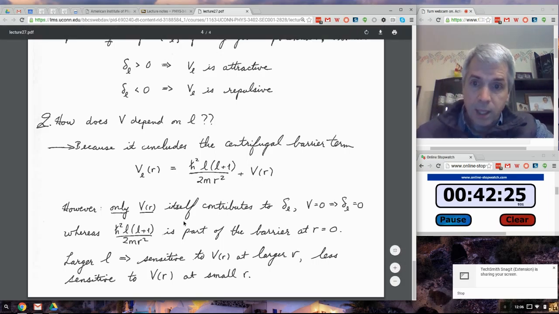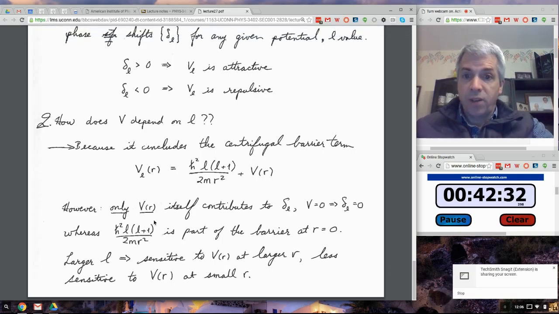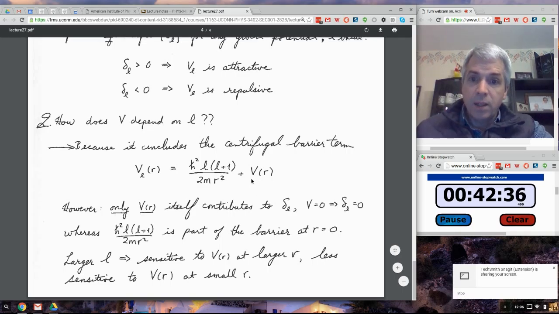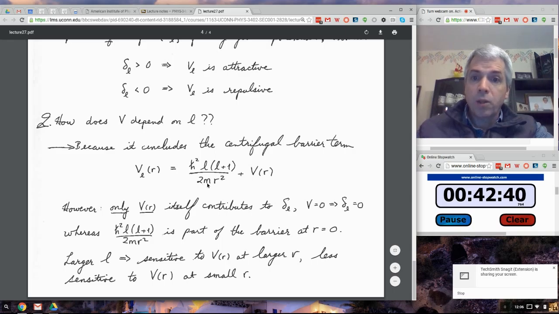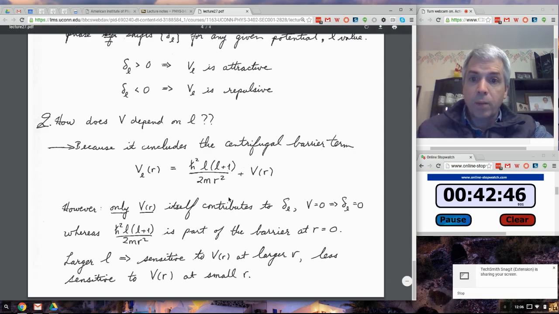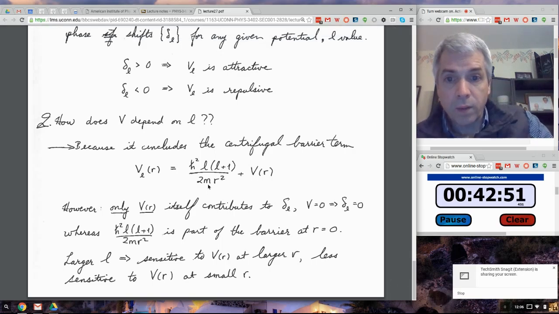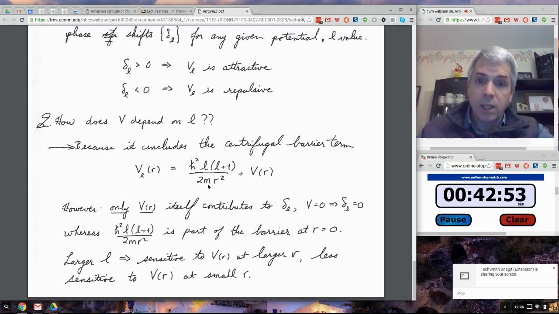Let's try to summarize. Only the V of R itself makes the phase shift, because if this is 0, then we defined this term here, this centrifugal term, to be part of the barrier. So if V of R is 0, then the reference wave is just reflecting from the barrier, and so the return wave is the reference wave, and the phase shift is 0 by definition.